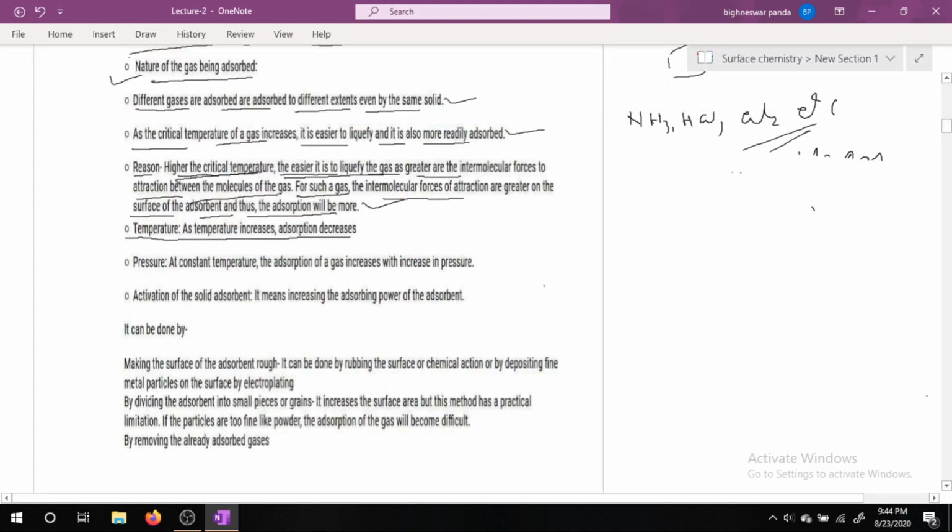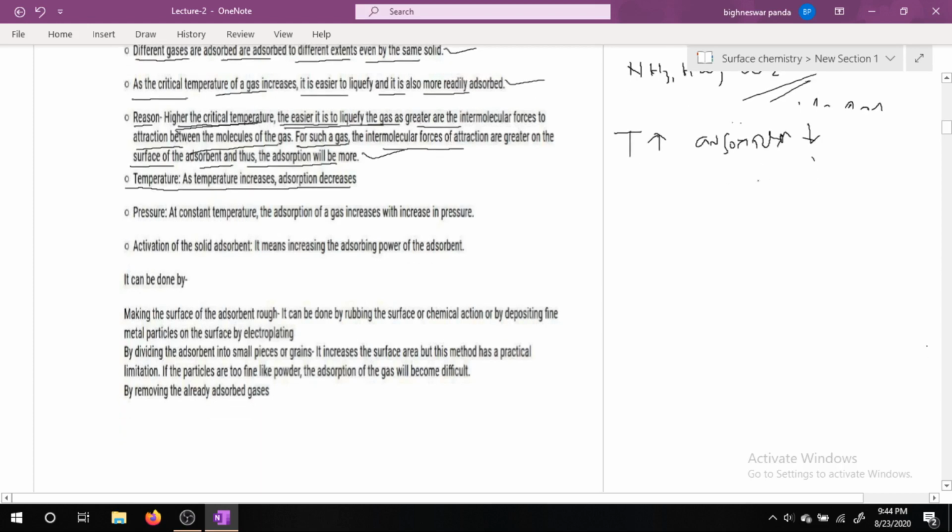So what is the effect of temperature? Since adsorption of gas on a solid surface is a physical process, physical adsorption, with increase in temperature adsorption decreases.